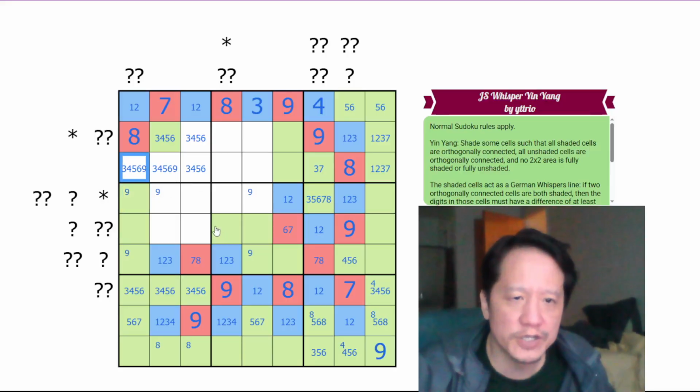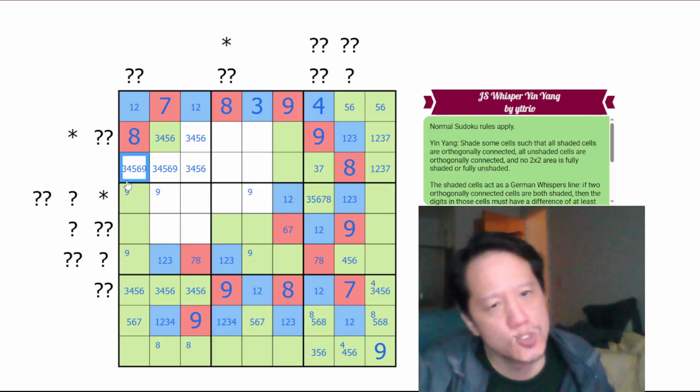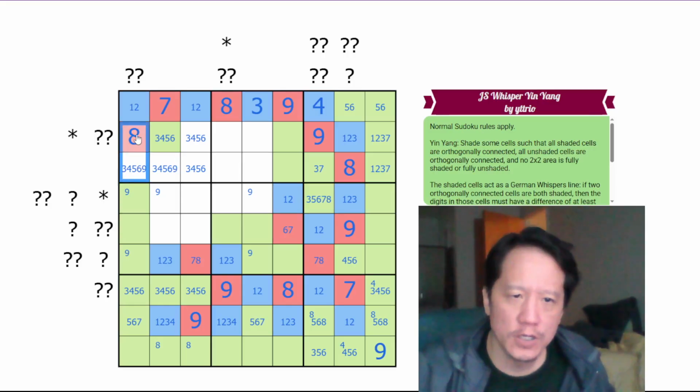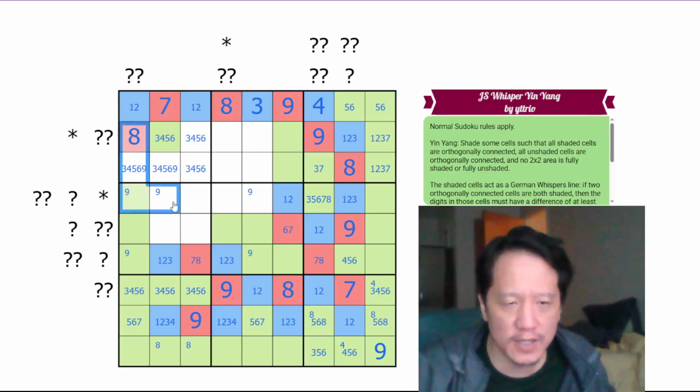Can this be shaded? Yeah, possibly. It could just be like that. The reason why this didn't work is it had that.